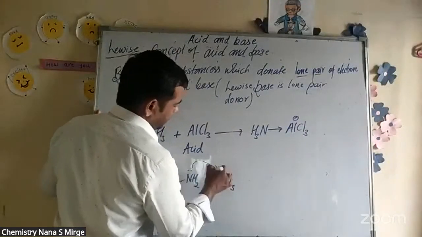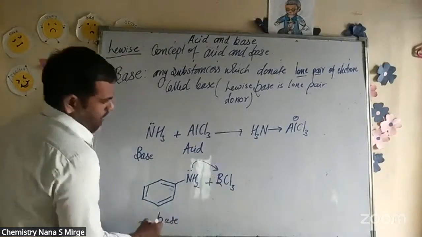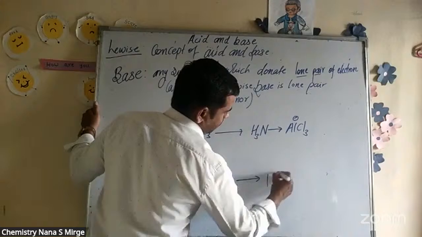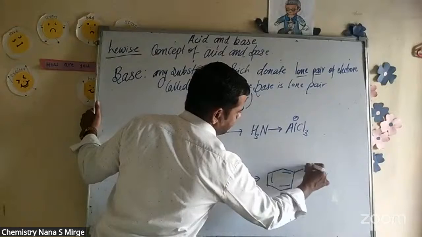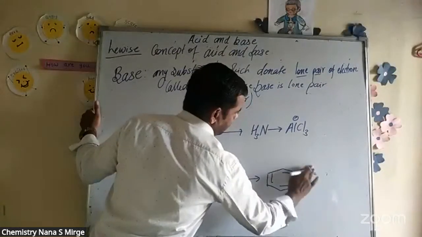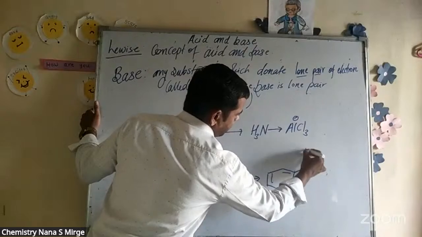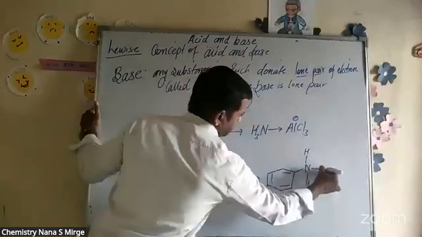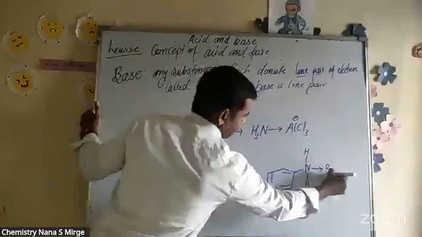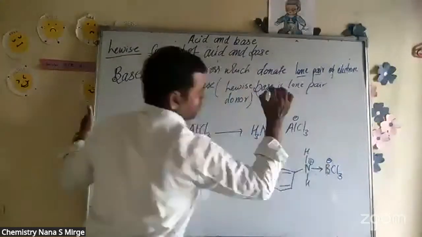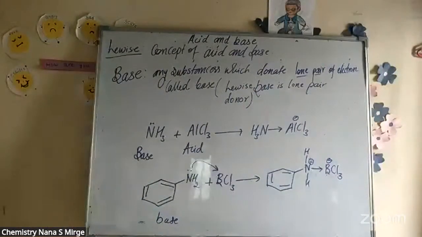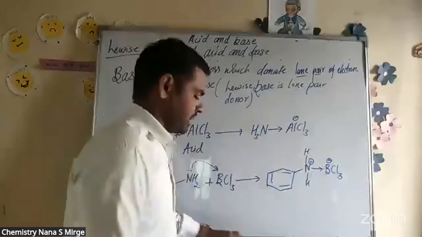So it can donate a lone pair; it is called a base. The compound formed from aniline, NH2, donates to BCl3, which gets a negative charge, and this nitrogen gets a positive charge. So a lone pair donor is a base and a lone pair acceptor is an acid according to the Lewis concept.